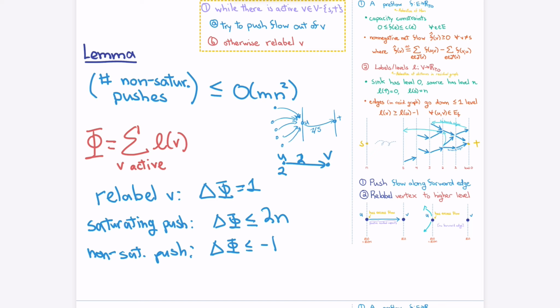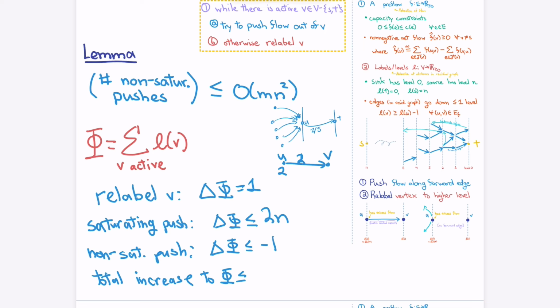Now, those are the only three things that can change our potential: a push of one of the two kinds, or a relabel. So what's the total increase, if I don't worry about non-saturating push, which will actually decrease the potential, to phi over the course of the algorithm? Well, there are n squared relabels, so it can go up by n squared from this.